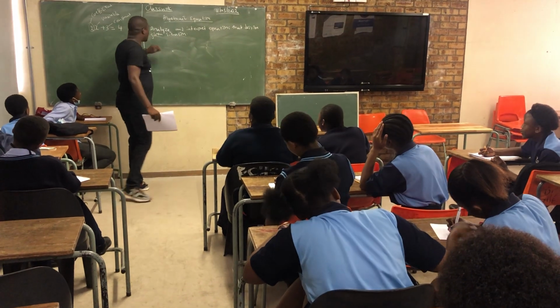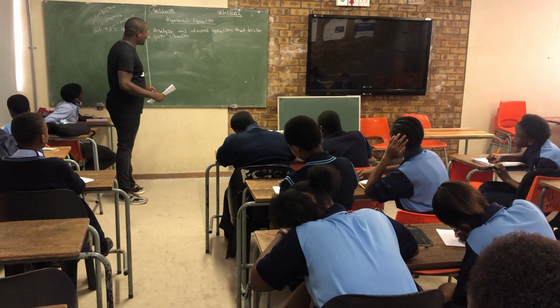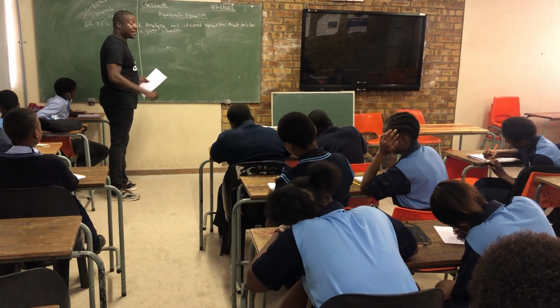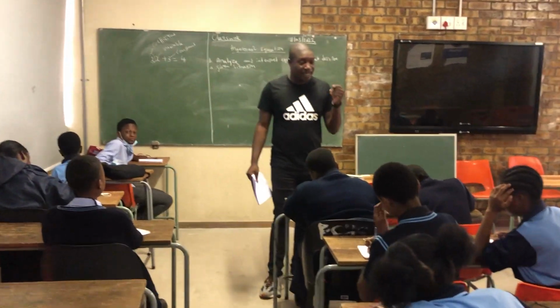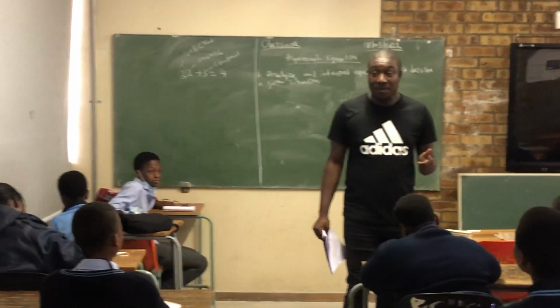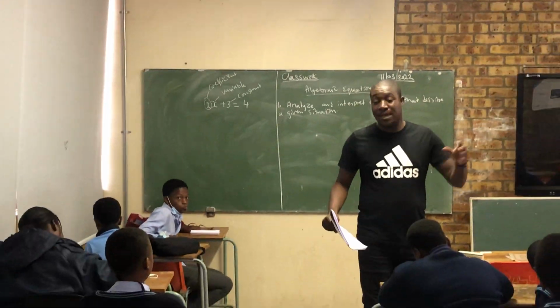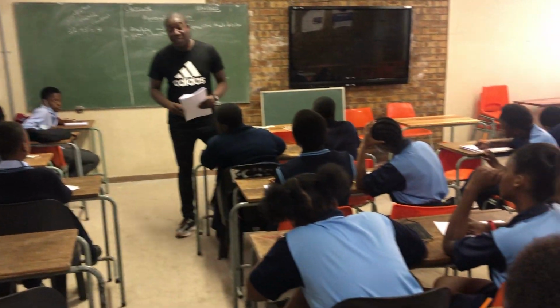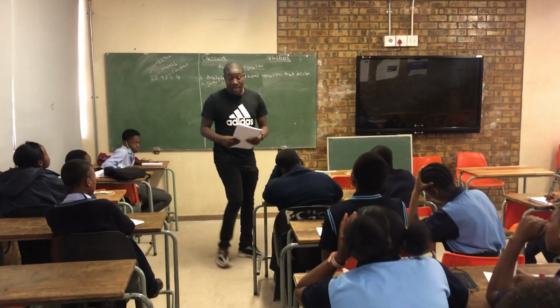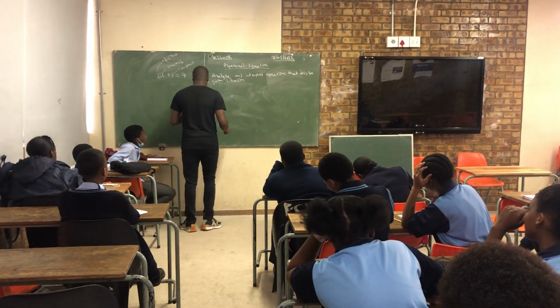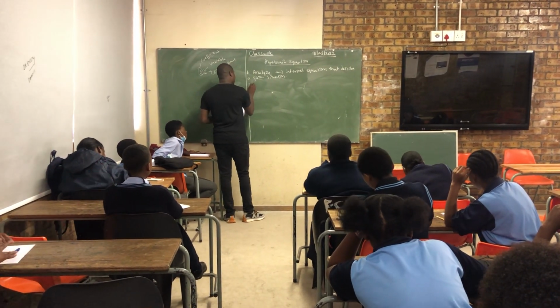So today we're going to analyze and interpret the equation that describes a given situation. Most of the given situations that we're going to look at here are real life situations. If they're real life situations, we must be able to represent those real life situations mathematically. The other thing we must remember is number 2.